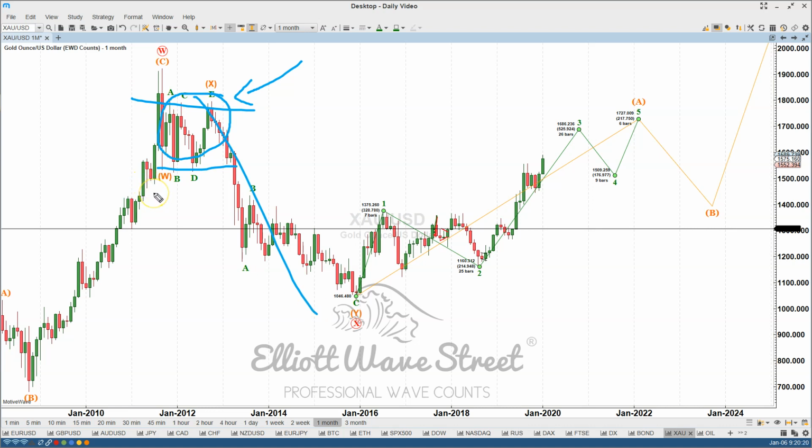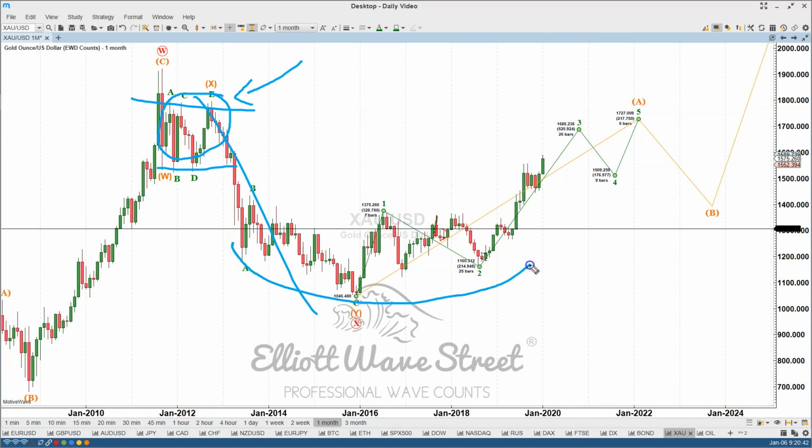Of course it was hard to believe because the move up was pretty strong. And I remember those days a couple of clients sent me an email, hey, are you crazy? Gold is going up. It's going to continue going up. And I said, no, look at the wave count. It's showing a triangle. It's telling that we are going down. Well, look what happened after all these years.